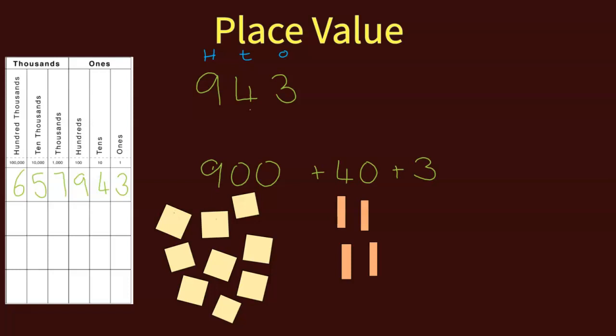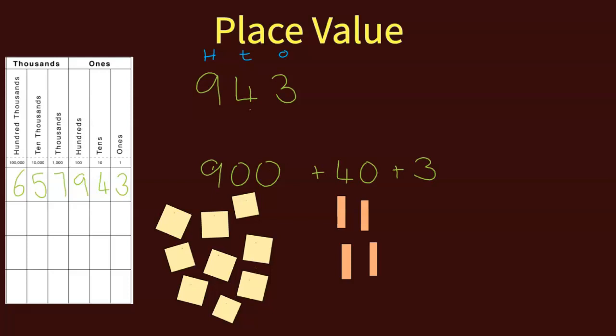This is 1, 2, 3, 4, 5, 6, 7, 8, 9. 9 squares. Each square is worth 100. So this is essentially 100, 200, 300, 400, 500, 600, 700, 800, and 900.